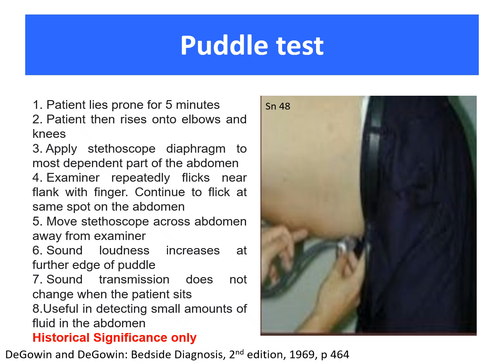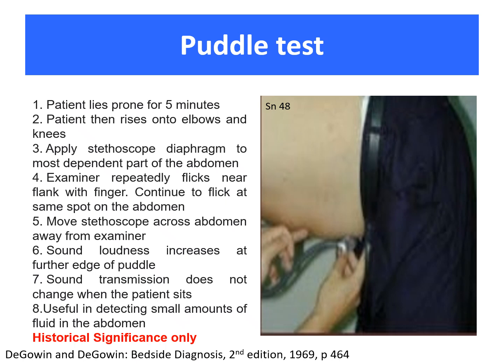Should you get a question in Boards Part 2, General Diagnosis, a positive puddle sign is indicative of which of the following, and they gave you 4 choices. Look for ascites.